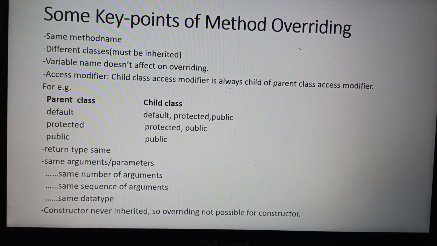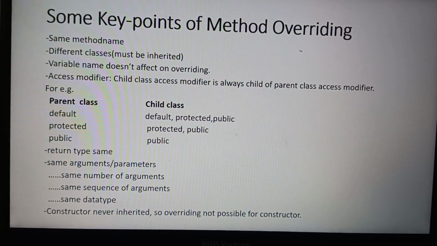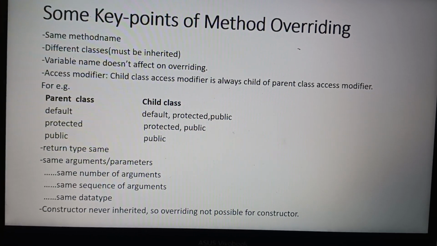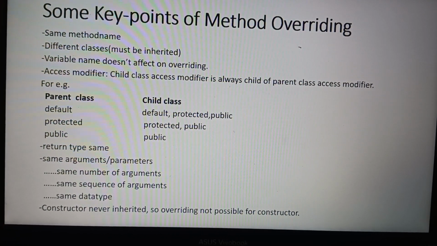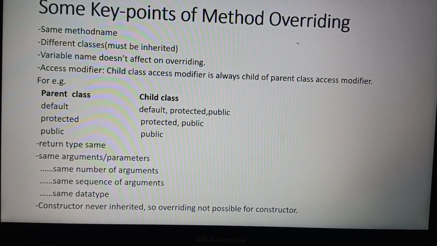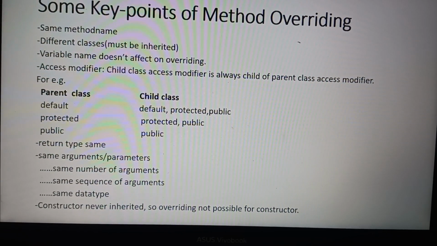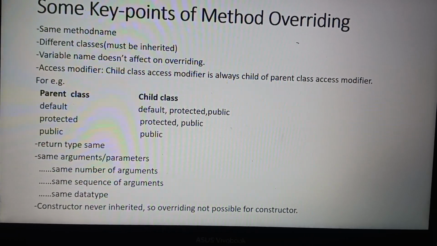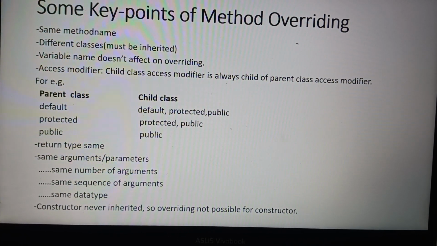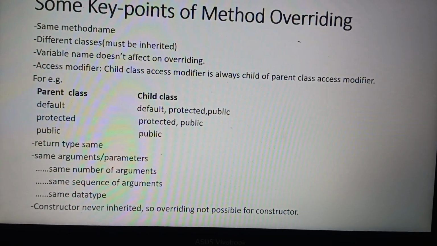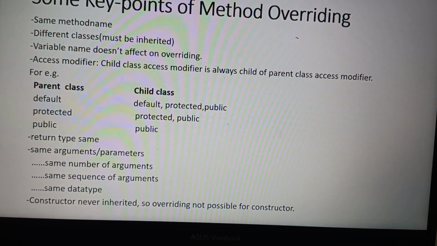That is, method name is always similar in case of parent class or in case of child class. That is, we are using the same method name but different classes. As we see in method overloading, the class is similar. That is, we can use only one class.